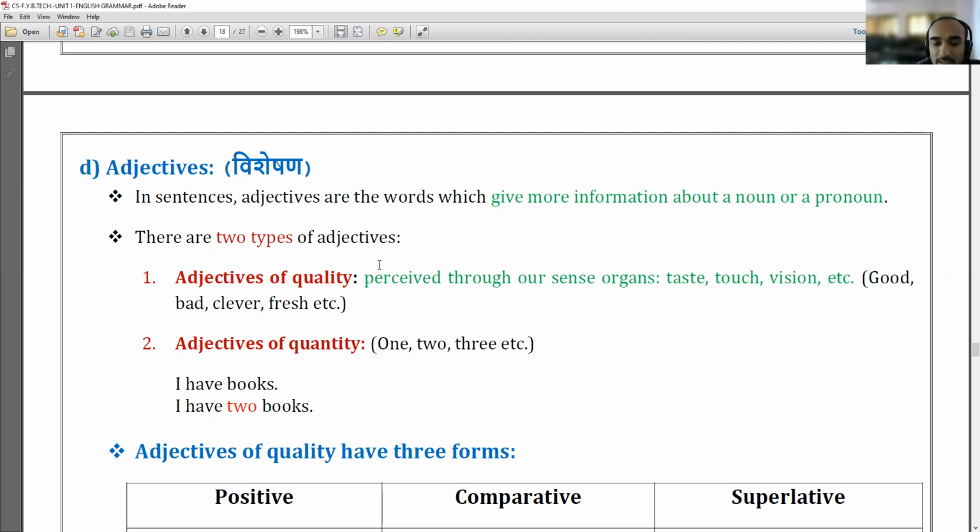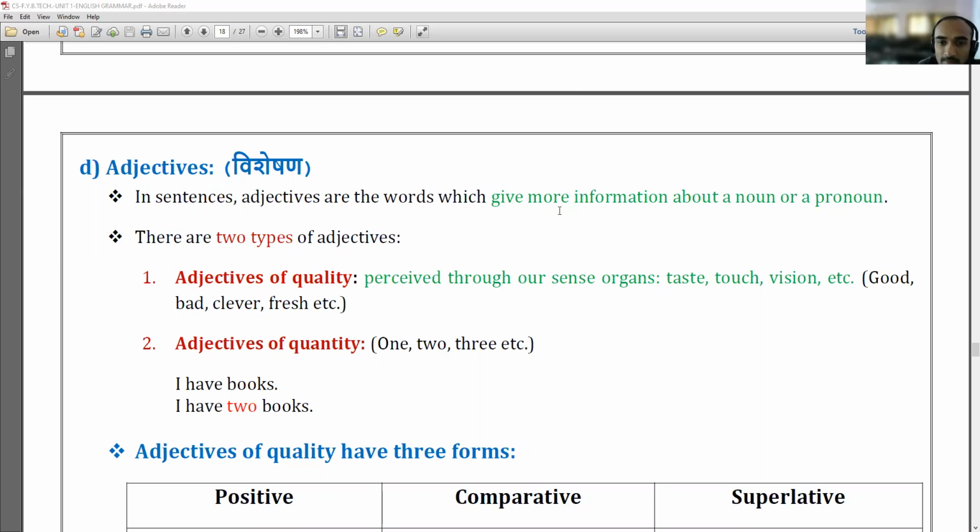So what is the meaning of adjective of quality? Whatever qualities a person, place or thing has, we can call it the adjective of quality. If someone is a shy person, then shy is the adjective. If someone is a brave person, we can call it an adjective of quality. Adjective of quality is perceived through our sense organs.